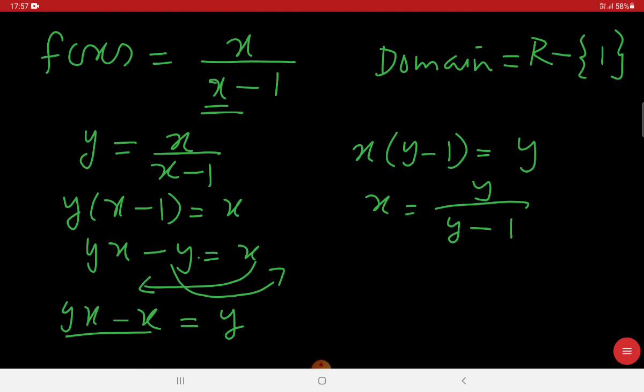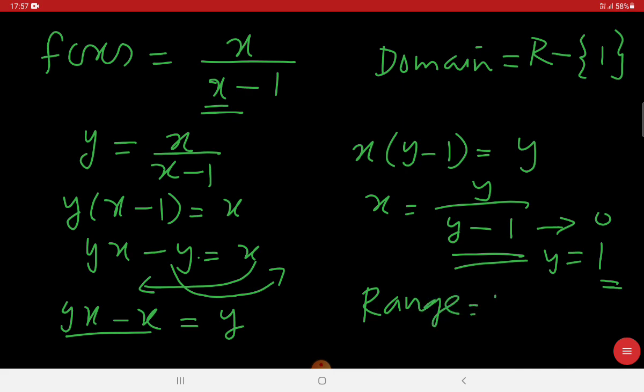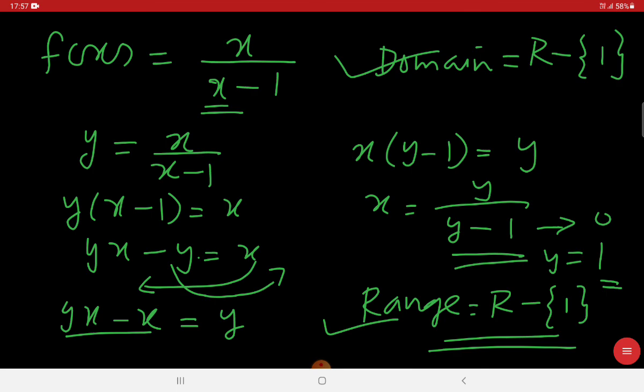Now see the denominator. This denominator becomes 0 when y is equal to 1. So we have to remove 1 from the set of real numbers. That is, range is equal to R minus {1}. So domain is equal to R minus {1}, range also R minus {1}. Okay.